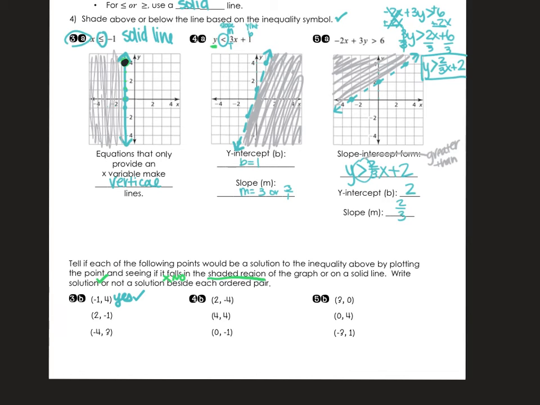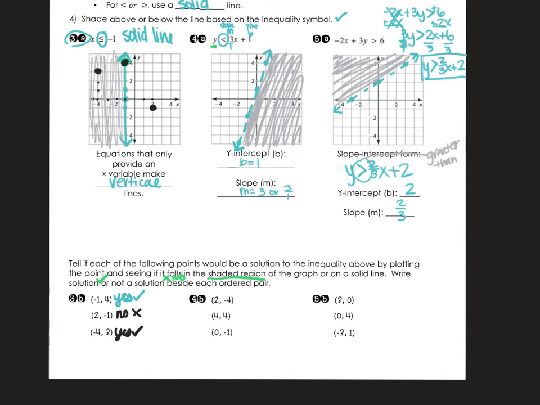(2, -1), so that's 1, 2, -1. Okay, that's not on the line or shaded, so that's a no. (-4, 3) is right here, and that is in the shaded region, so that is a yes.